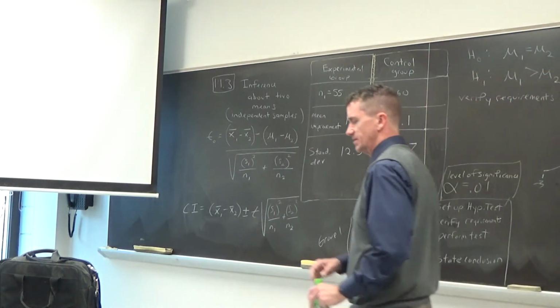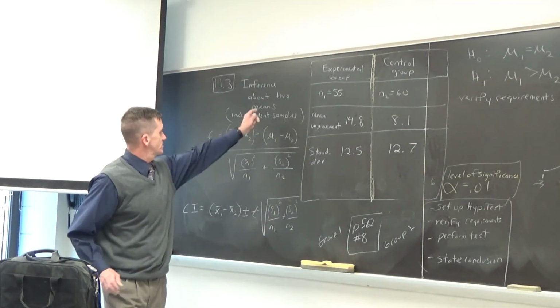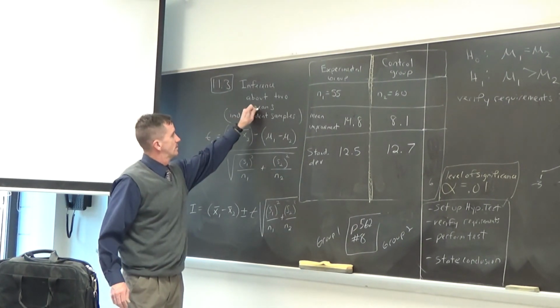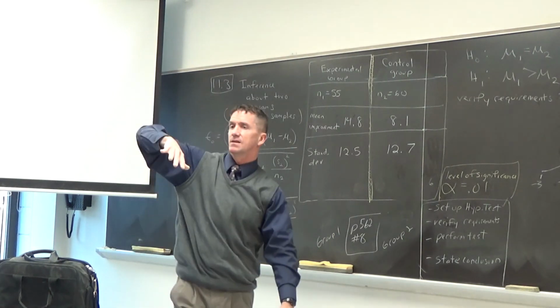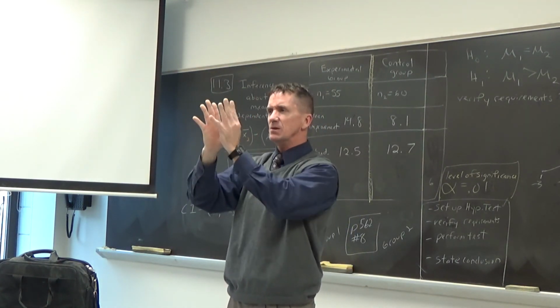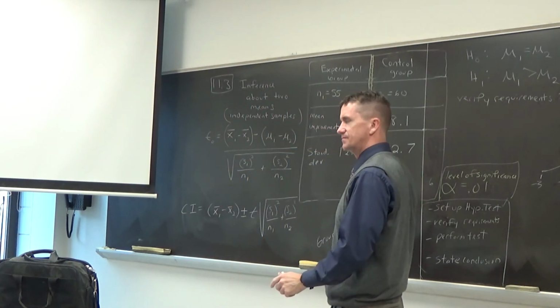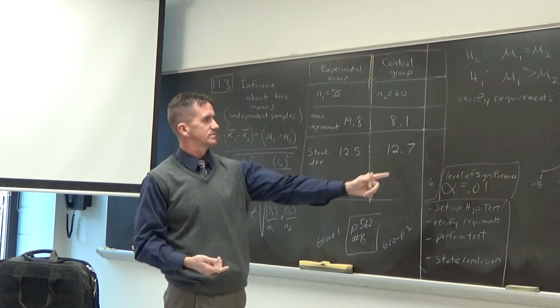So super job with this stuff, everyone. This is inference about two means. We just did inference about two means last section, but that was matched pairs. Everything was paired up. In this case, not the case. Any questions on any of this stuff?